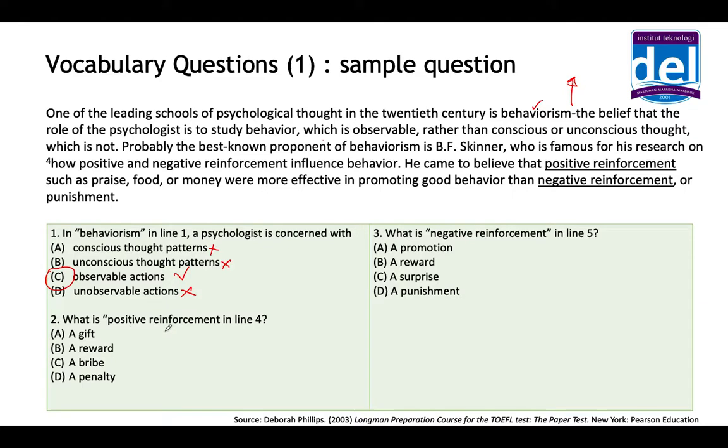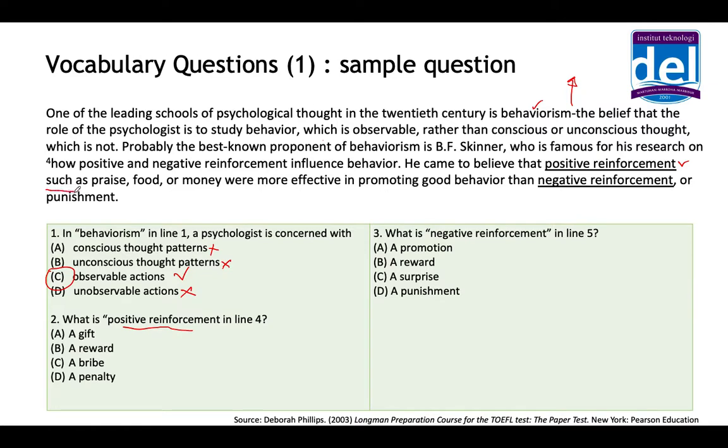Let's look at number 2. What is positive reinforcement in line 4? Line 4 is indicated here, and then we look at the word positive reinforcement, and it says here. So let's try to look for structural clues that are used here. After positive reinforcement, it used the words such as.